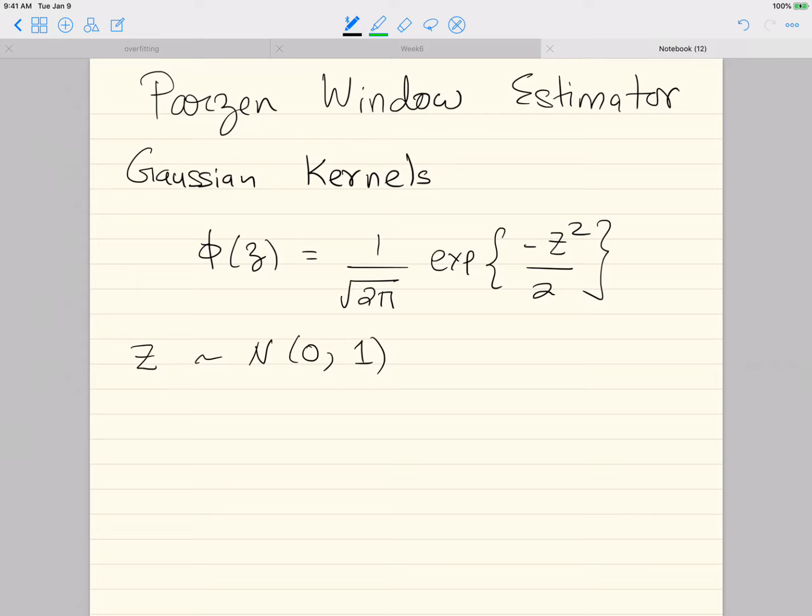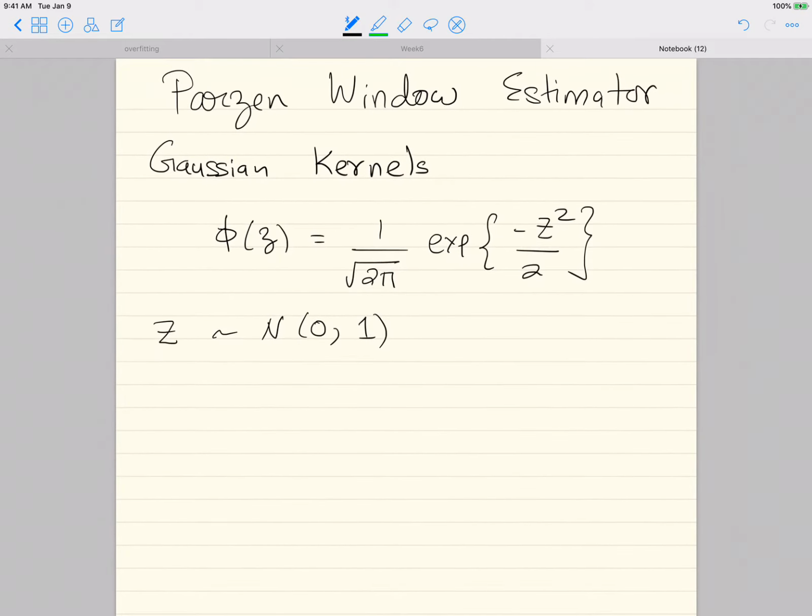Okay, I assume everyone has seen this before. If you haven't seen this before, then you should talk to us because this is a prereq for the course, ECE421 or equivalent probability course. Okay, so this function looks like this. Phi of z is a function of z.